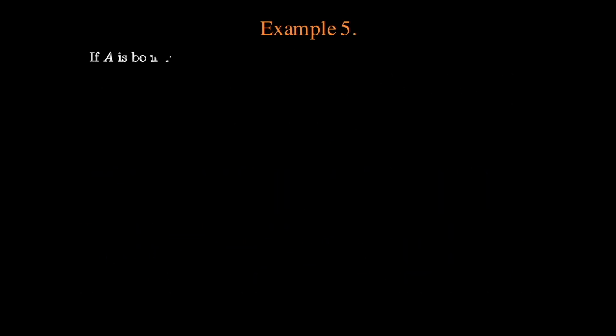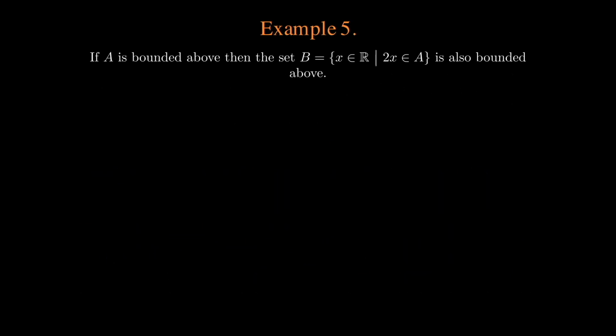Another type of problem we can encounter is the one as follows, where we have some set A that is bounded above, and we want to show that another set B, which is defined as the set of reals such that 2 times the real is in A, is also bounded above.